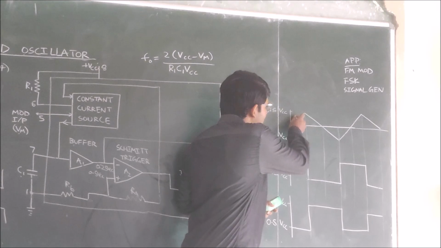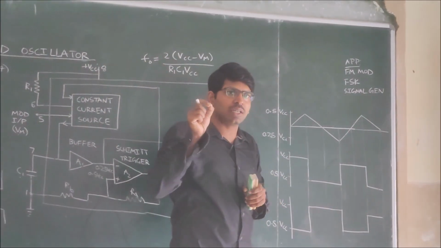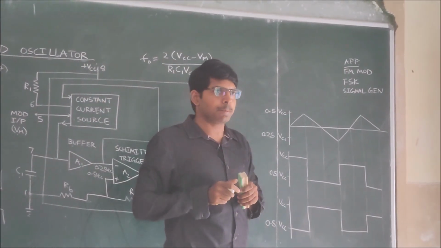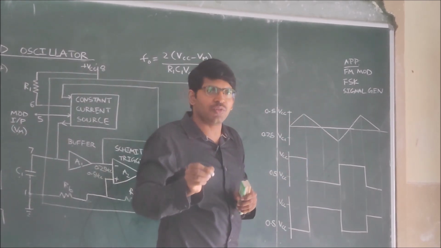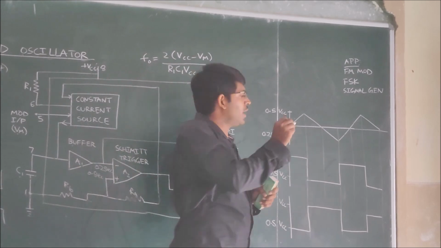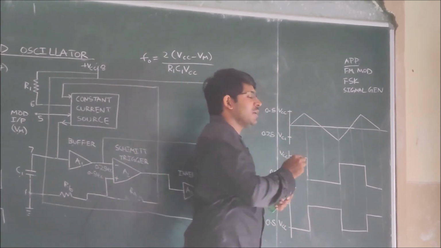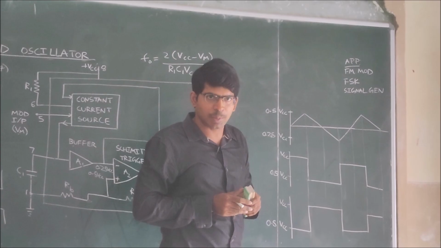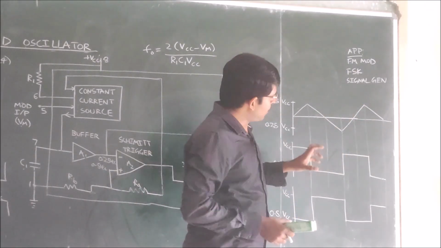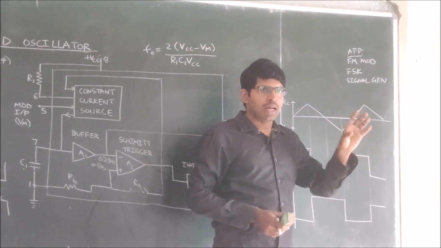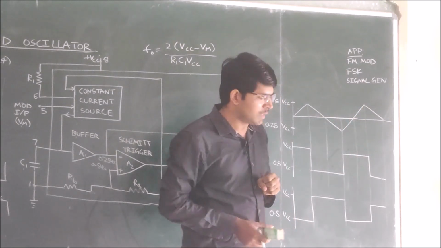Why is the capacitor rising linearly? Because of the constant current source we have supplied. The maximum value across the capacitor is 0.5 VCC and the minimum value across the capacitor is 0.25 VCC. So the capacitor rises linearly because we have supplied the constant current source.